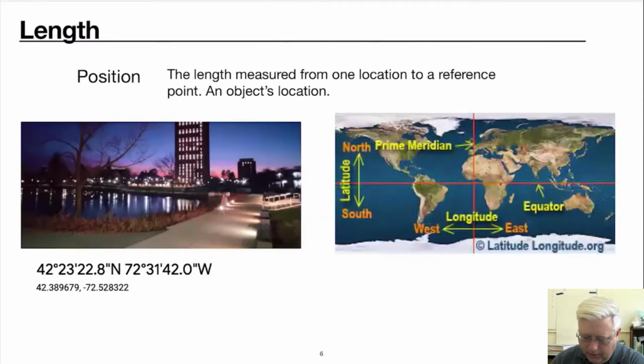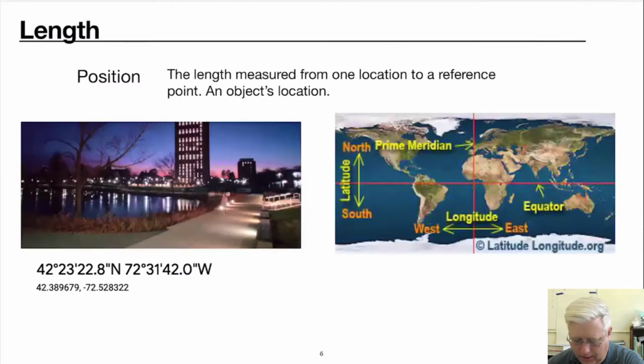And so if we were to look at the Earth using the prime meridian, the equator, the latitude, longitude lines, and think of it like a coordinate plane, then 0, 0 would be right here, I think that's off Ghana. So right off the coast of Africa, 0, 0.